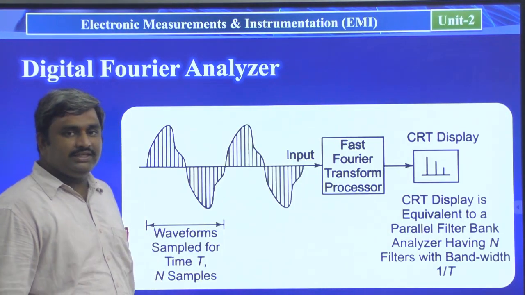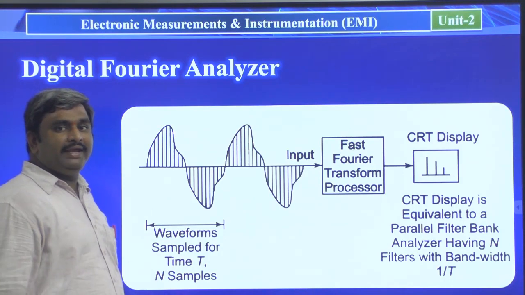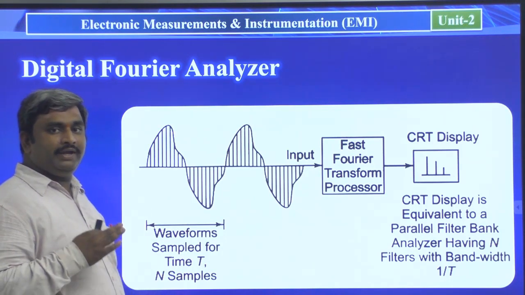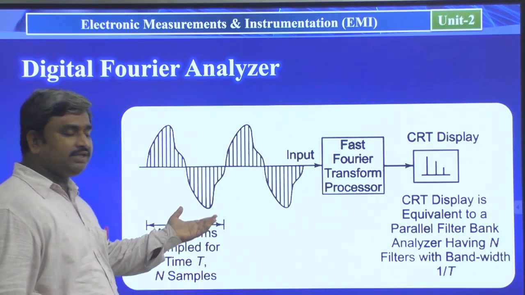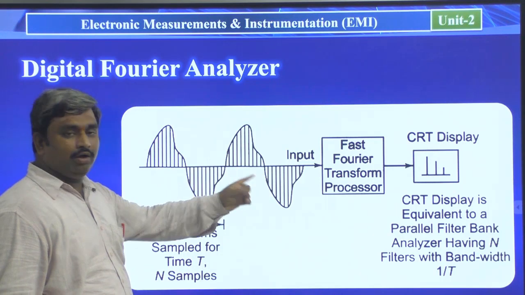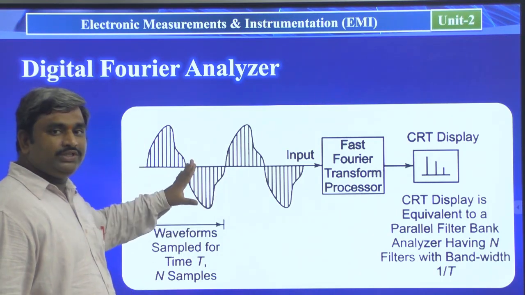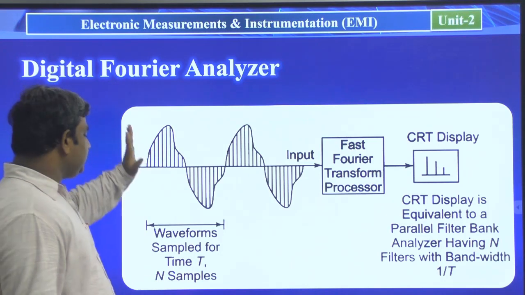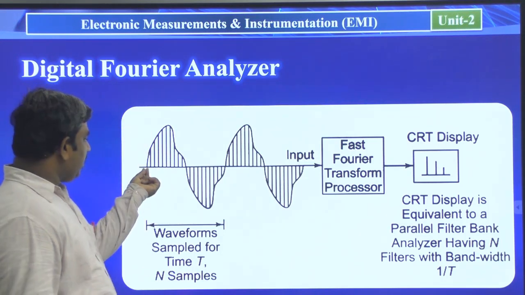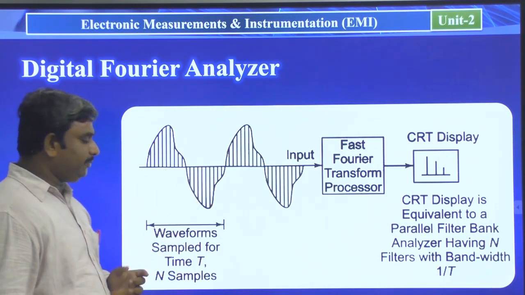Let us see the basic principle behind the digital Fourier analyzer, represented with this picture. Here we have an analog continuous waveform, which is sampled for time t. That is, we have some time period t, and we have n number of samples.